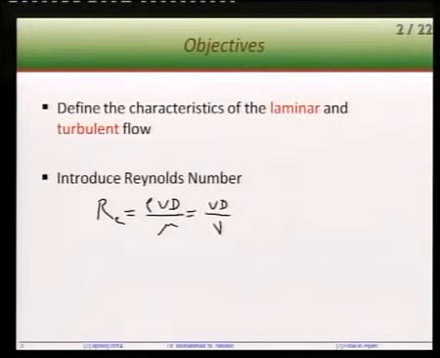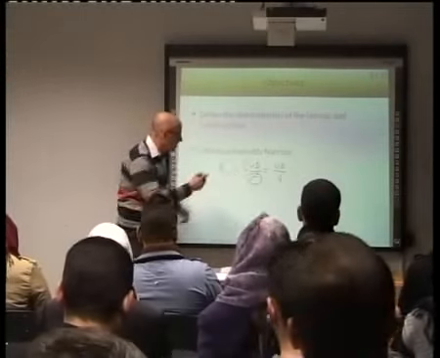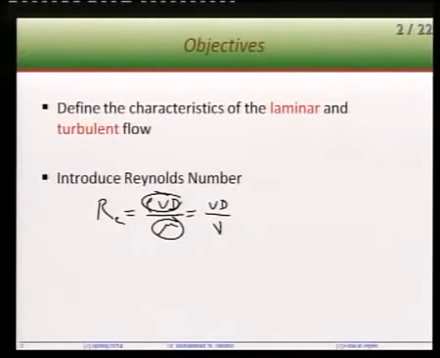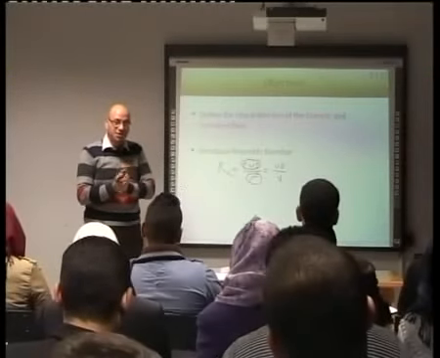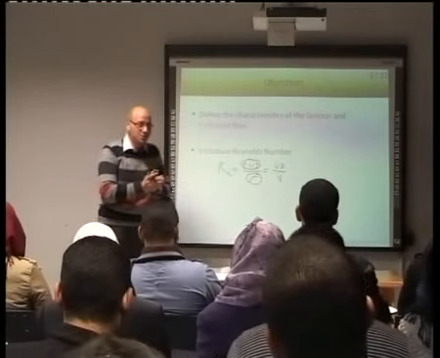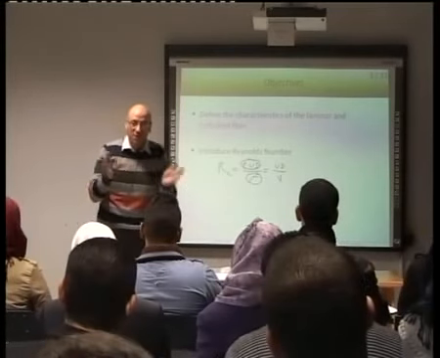Anyhow, so this represents the viscous effects, but this represents the inertial effects. I mean the ability of the fluid to resist any force that is trying to keep it from flowing or non-flowing or whatever.